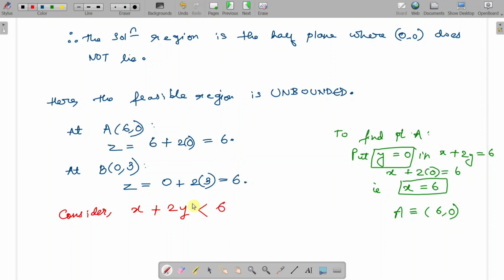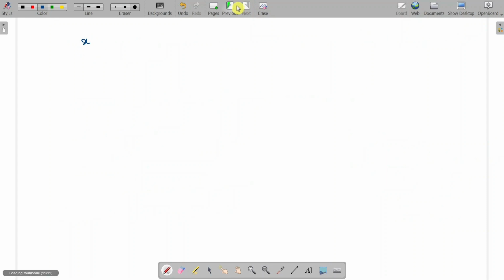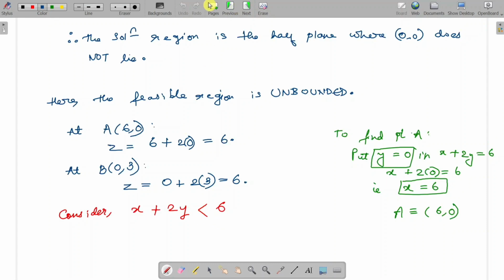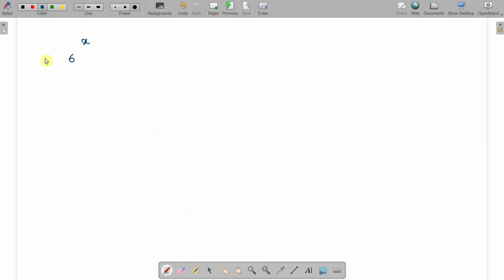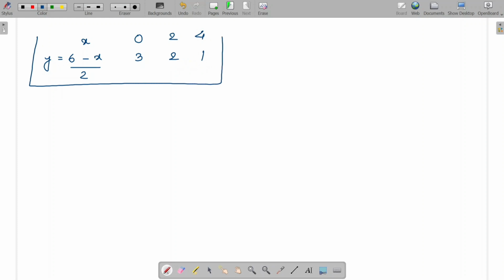Okay, now once you write the inequality, we have to write the table here, right? So x and then what will be y, y will be 6 minus x by 2. So when x is 0, y will be 3, when x is 2, y will be 2, when x is 4, y will be 1. Okay, so this is the table we get.